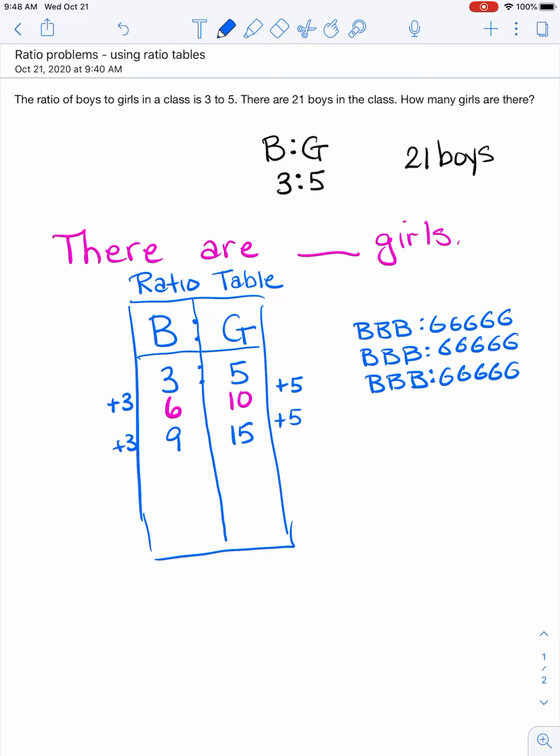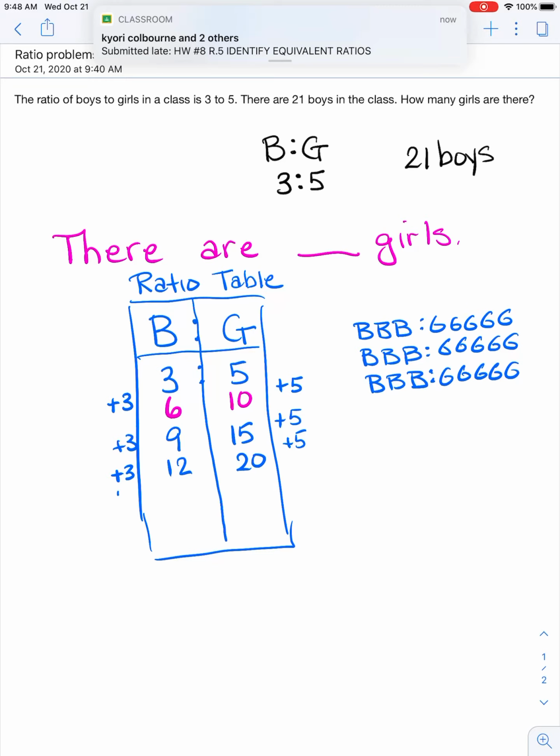I'm not going to complete this pattern of drawing the letters, but what I am going to do is continue this strategy of adding according to the pattern. If I add another 3, I get 12 boys, another 5, 20 girls. I have to do this until I get to 21 boys because that's what the question is asking.